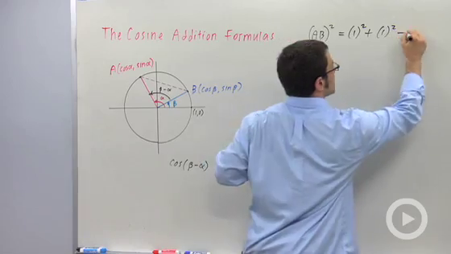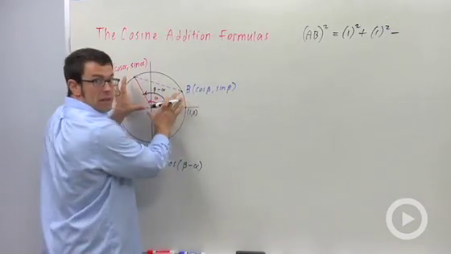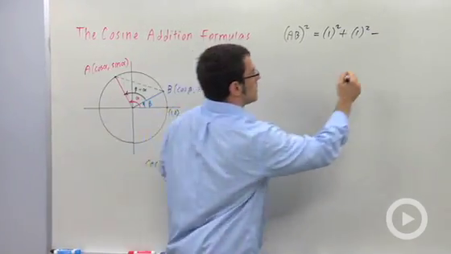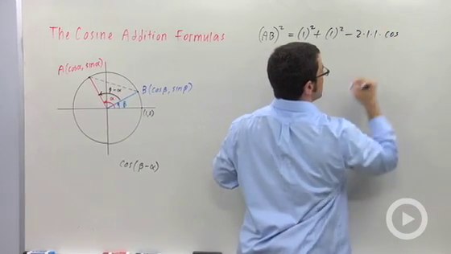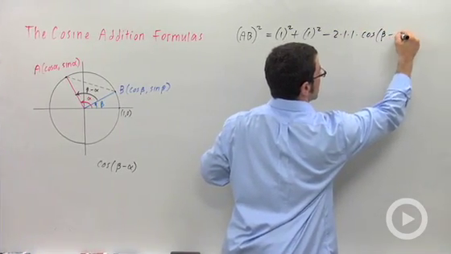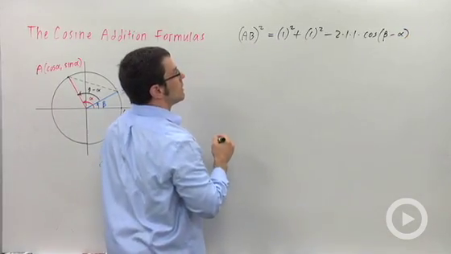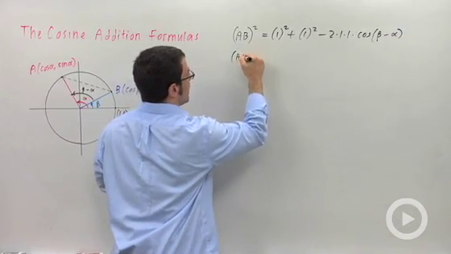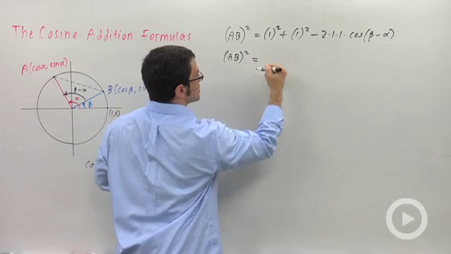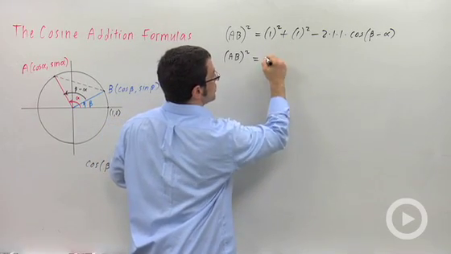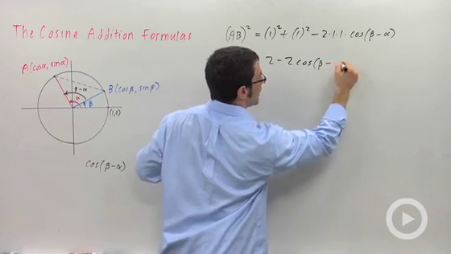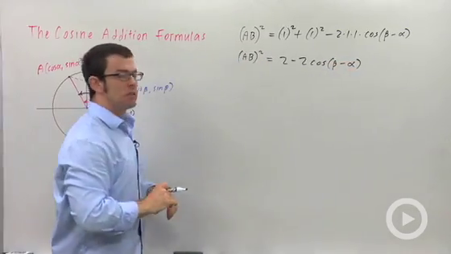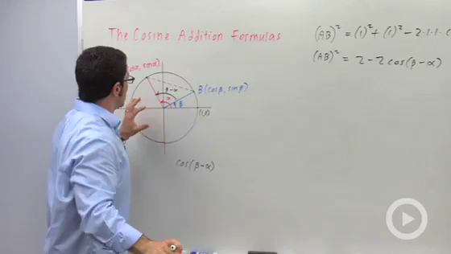And then I subtract twice the product, 2 times 1 times 1, times the cosine of the angle between them, and that was the cosine of beta minus alpha. So just simplifying, I have AB squared is 1 plus 1, 2, minus 2 cosine of beta minus alpha. Okay, that's a start. Now let's take a look back at the unit circle.